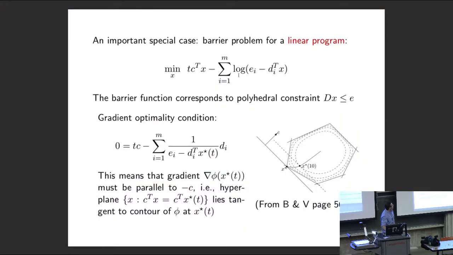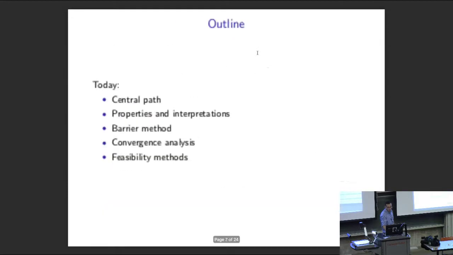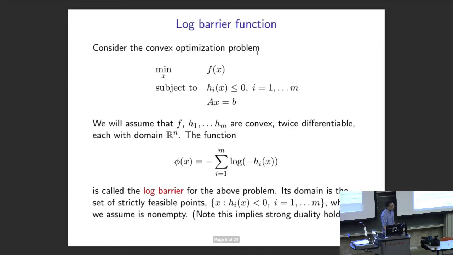For this problem, I didn't put any equality constraints down, and it has a simple form. You can just check that by taking the gradient and setting it equal to 0, because it's a convex problem. I guess that would have been an important thing to point out, that this is a convex function.